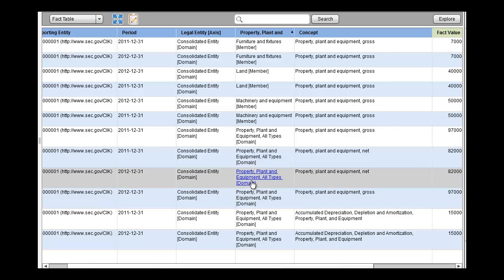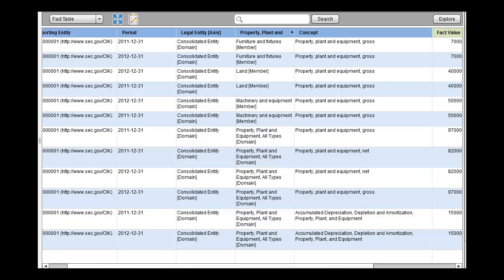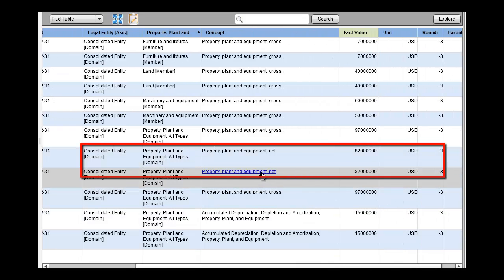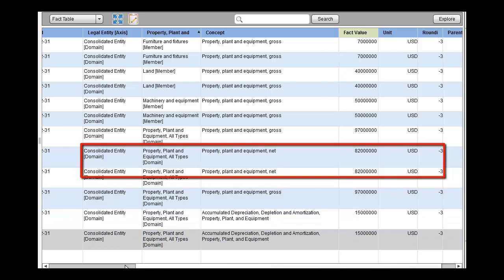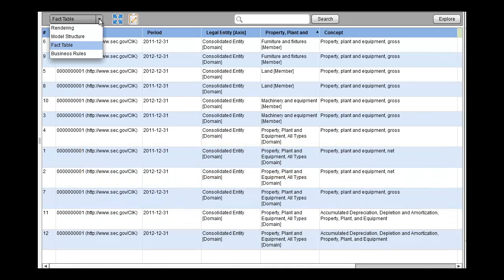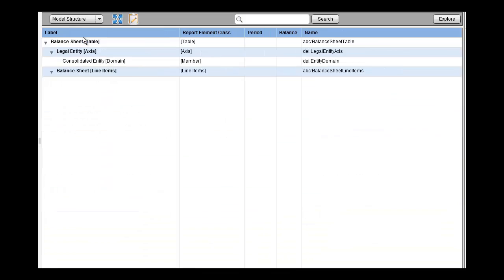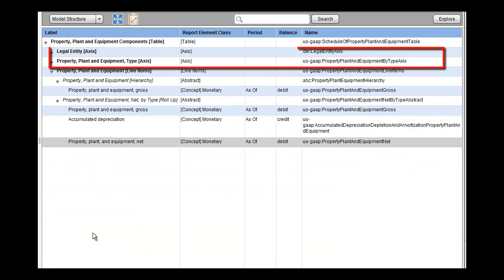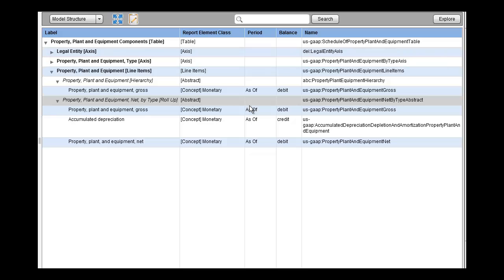axis. So here, where is it? Here's the net amount that we were looking at. That's on the balance sheet. In the modeling, you can see that there are two axes, not one, for the breakdown of the components of property, plant, and equipment, whereas in the balance sheet, there was one axis.